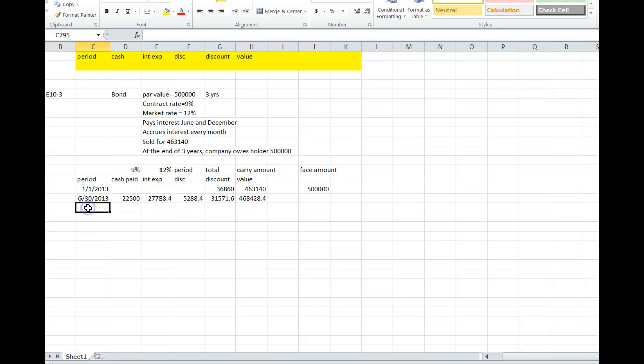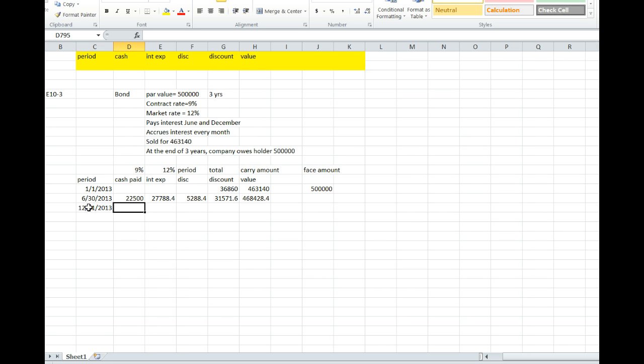At the end of the year, let's do one more period, 12/31/13. Cash paid out is going to be the same thing, $500,000 times 9% times half a year, $22,500. Our interest this period is going to be a little bit different.